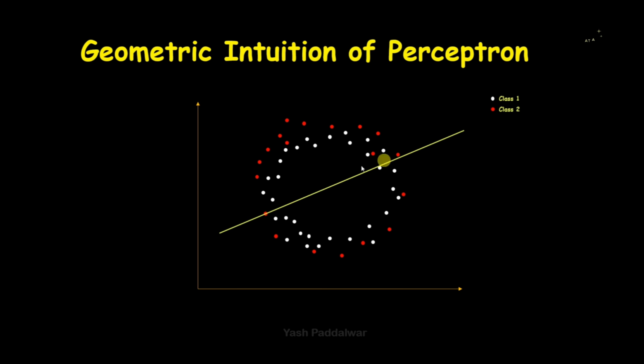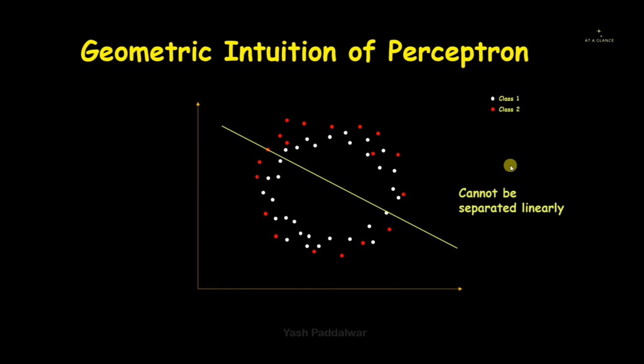You can see I have drawn this particular line and still we are not able to separate the two classes, red and white. Similarly, if I try to draw another line, then also I will not be able to separate this. So from this, what you can observe is that this perceptron rule will not be applicable when the data points are not linearly separable.